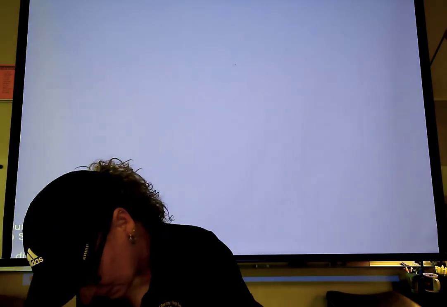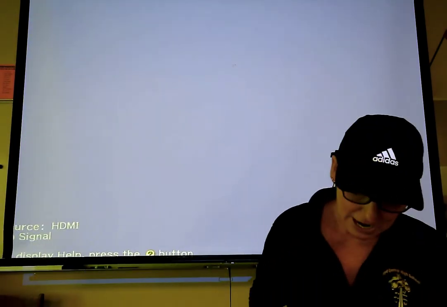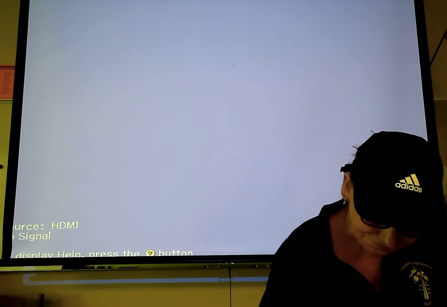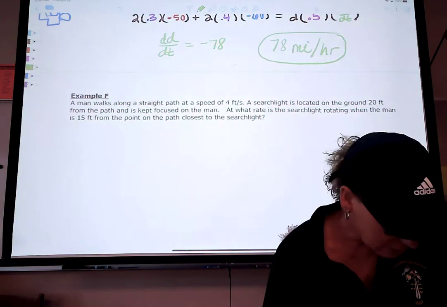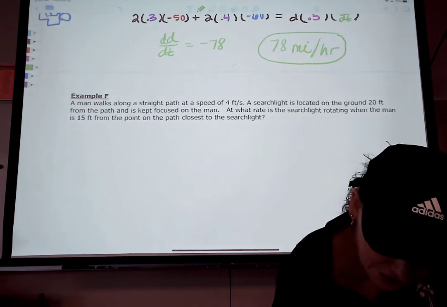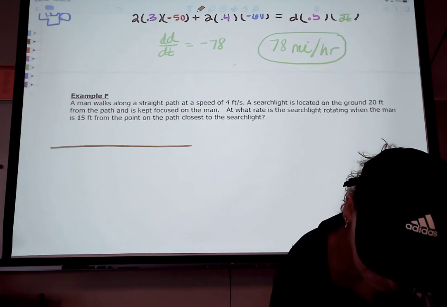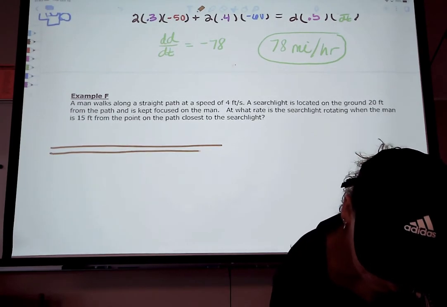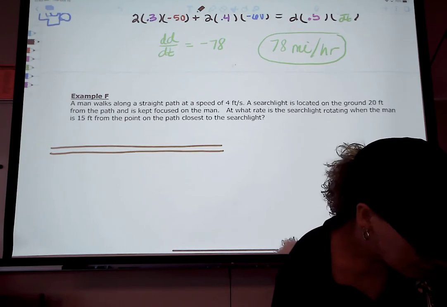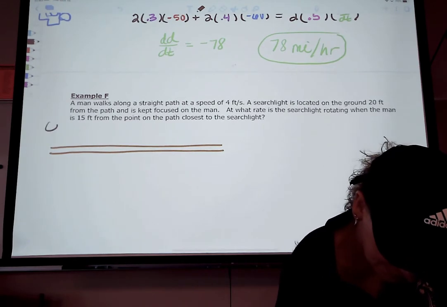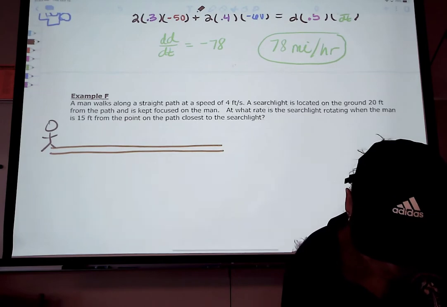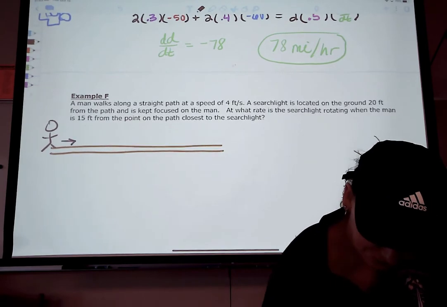Okay, so we've got a man on a path with a spotlight. Doesn't matter which direction you start your man traveling in. It really does not matter. So we've got a path. I'll make that the path, and I'll draw a man walking along the path.